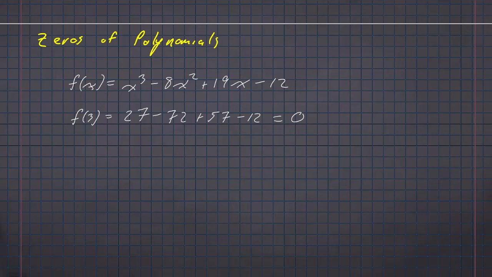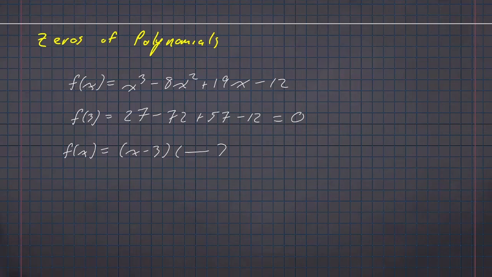Because we know that f of 3 is equal to 0, we can split this thing up. We know that f of x has to factor to x minus 3 times something. What that something is, not exactly clear, but something.